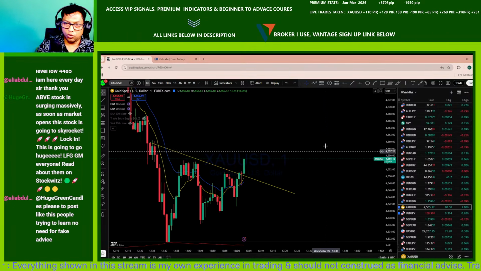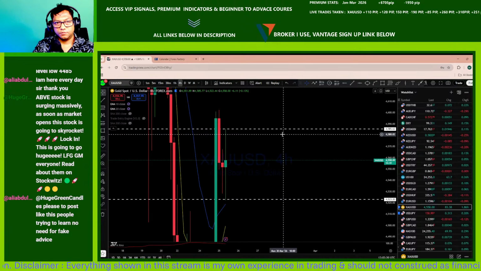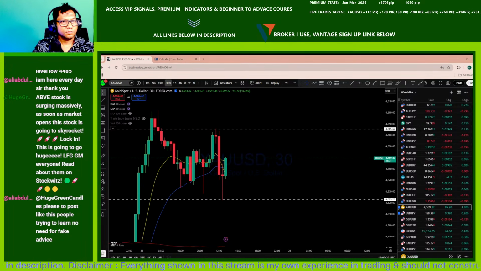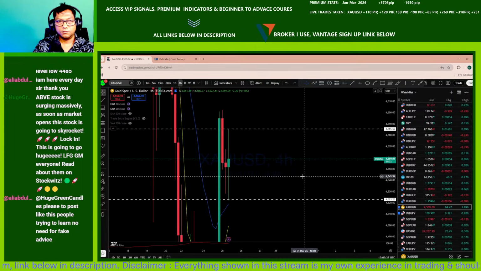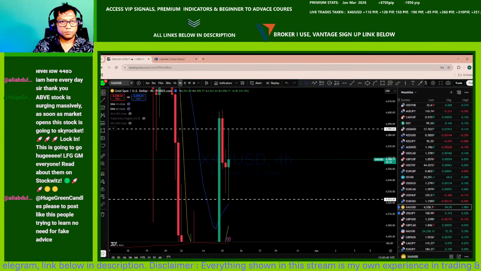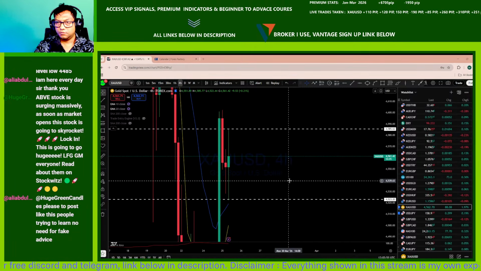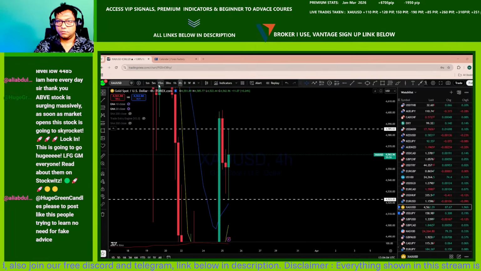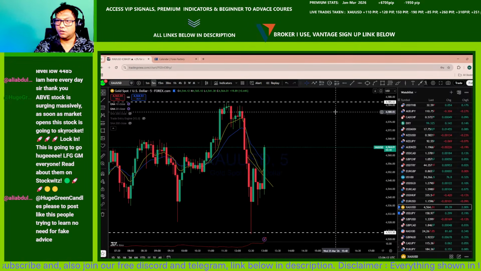Breaking the high after these few narrow candlestick patterns shows that this market may be going back up above to this liquidity zone. It's going to go straight for another liquidity grab.